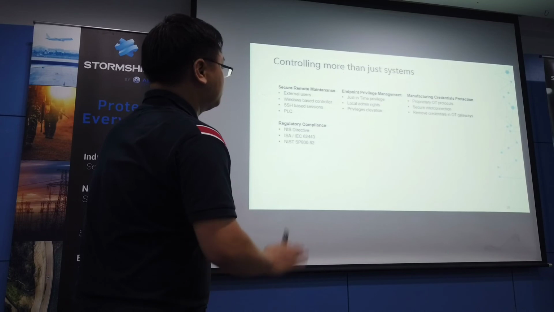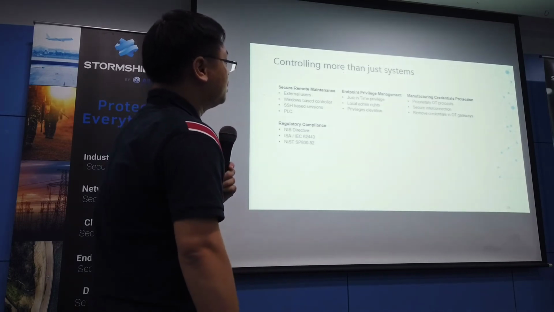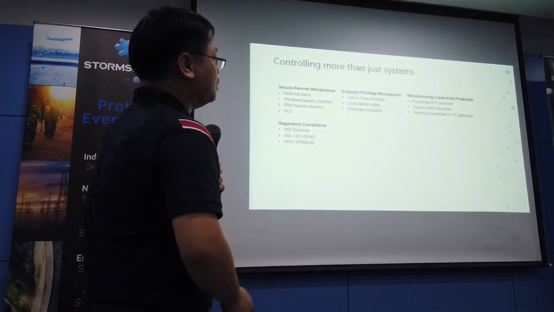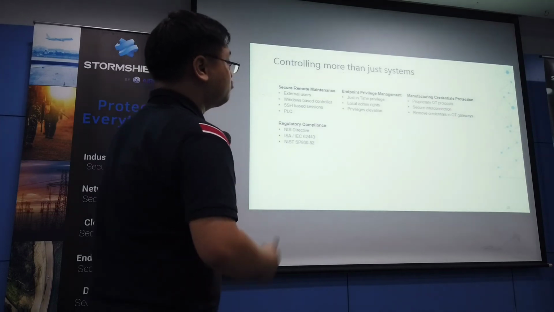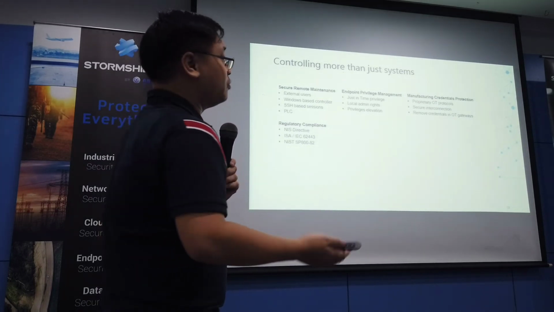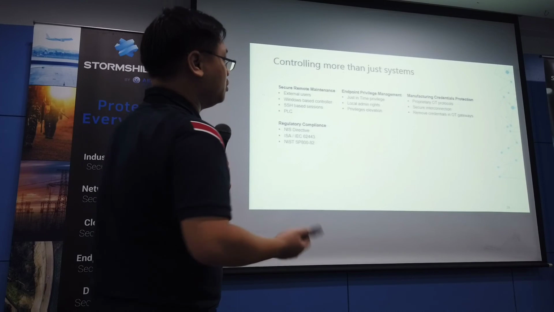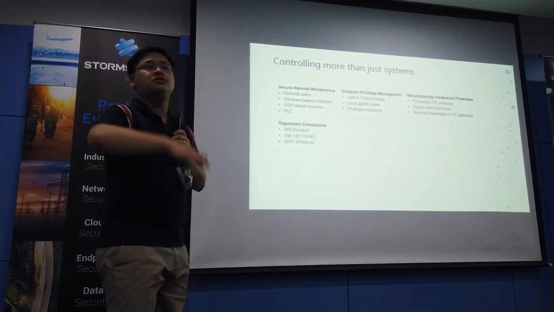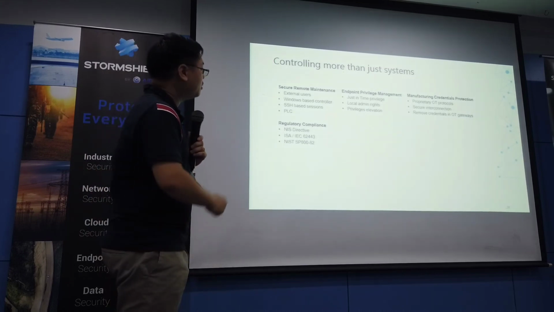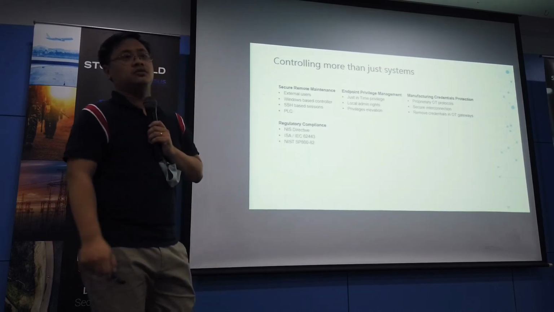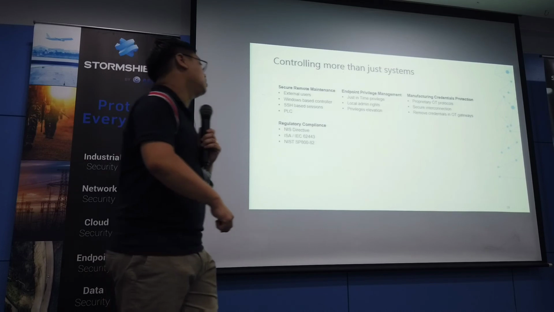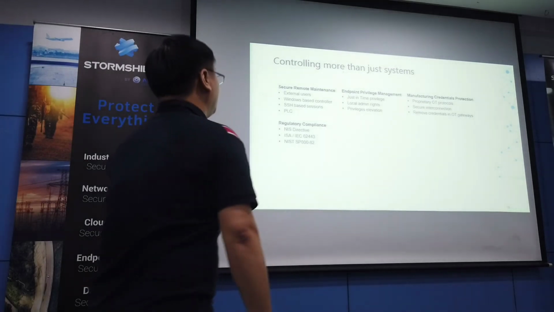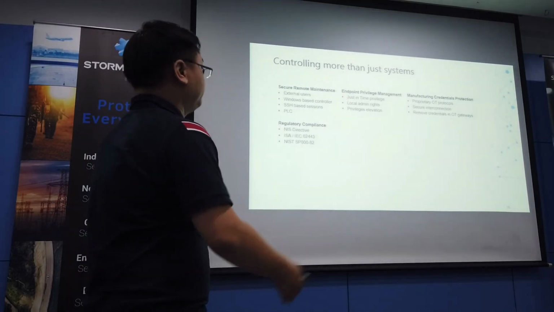Very old systems, but you do have endpoints. Manufacturing credential protection: again, you have OT protocols, and you have to secure them. And of course, because you have that everywhere, you have the regulations, laws, directives, and so on.